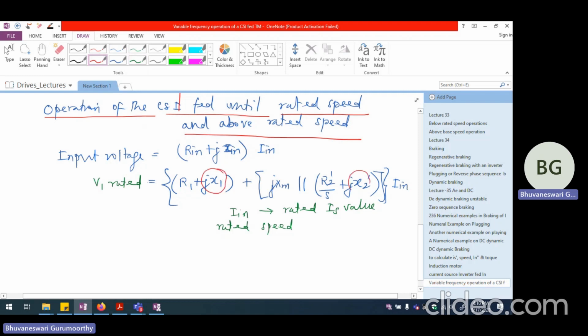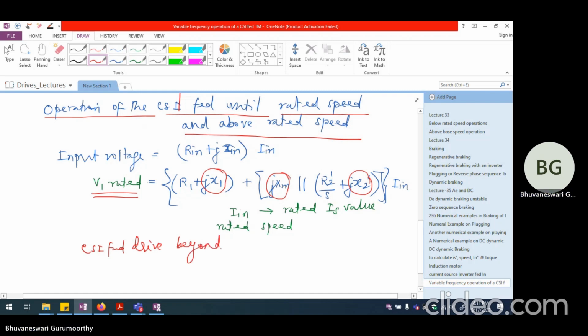We'll also have an increase in X2 dash as well as Xm. So this voltage would have gone beyond rated value of voltage, which is not good for the insulation of the stator windings.